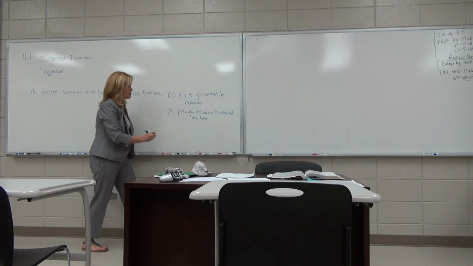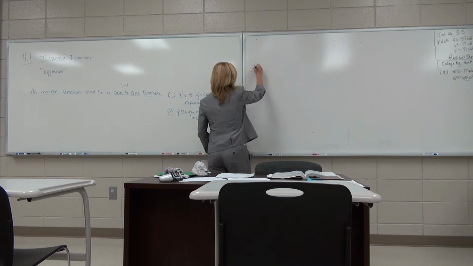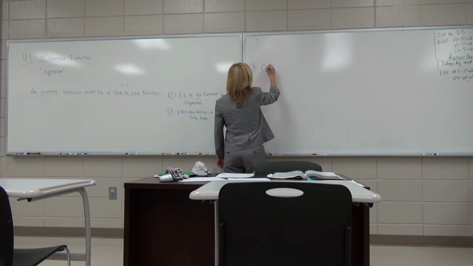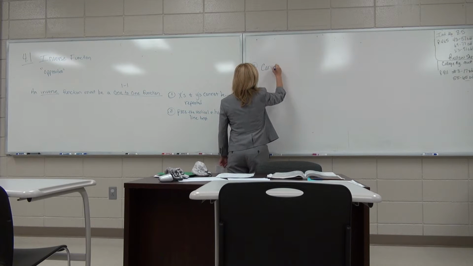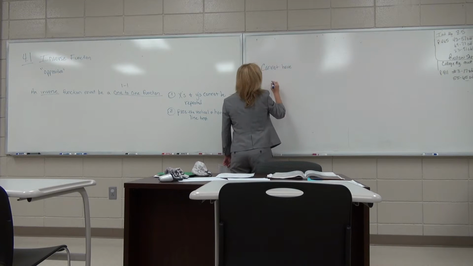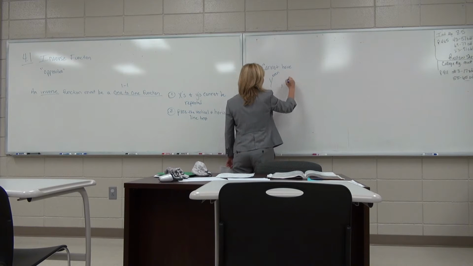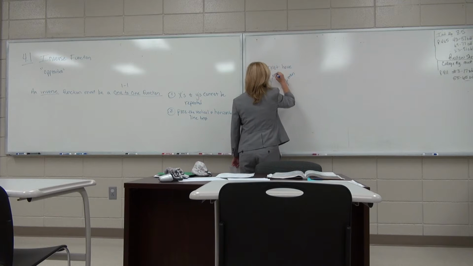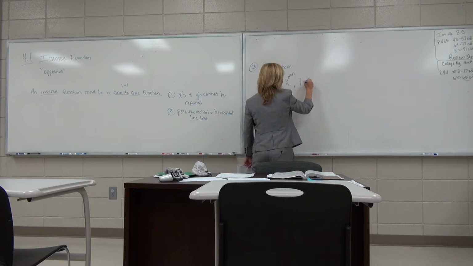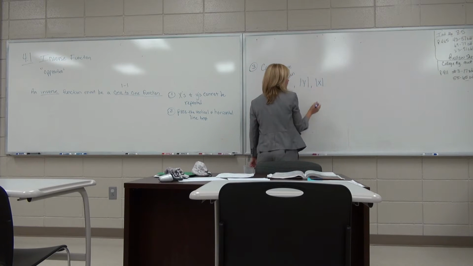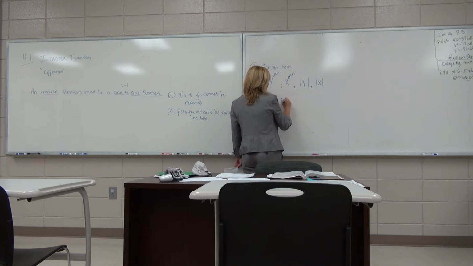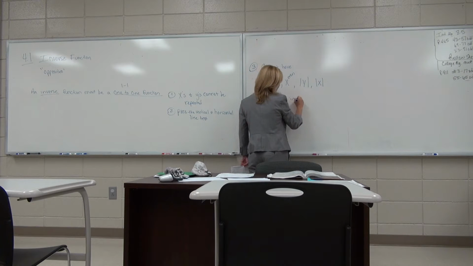Step 3, you cannot have a y to an even power. You cannot have an x to an even power. You cannot have y inside of absolute values or x's inside of absolute values or inequalities.